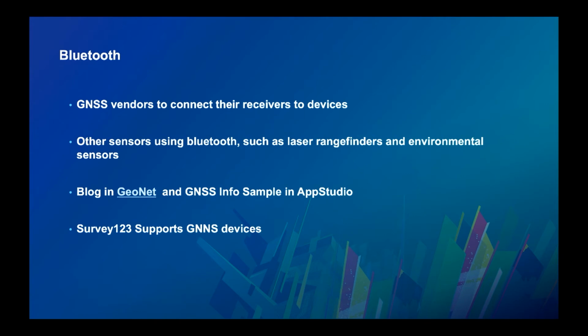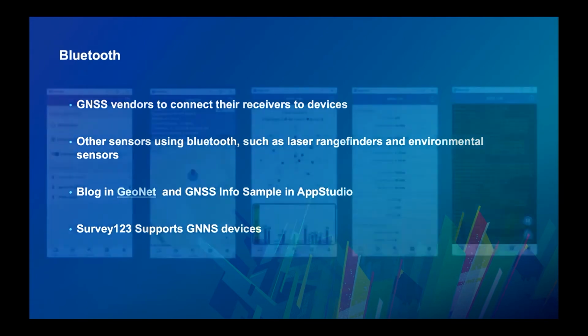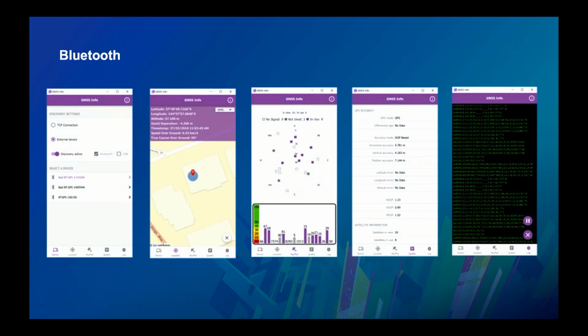We have a blog in GeoNet that explains how it works, and also Survey123 just released full support, out of the beta, to connect with a lot of GPS receivers. Yep, and I'll go into that in a little bit more detail. Right. So next, and these are the samples. It's called GNSS Info that you can take a look at the code, which shows how to connect to devices through Bluetooth connection.